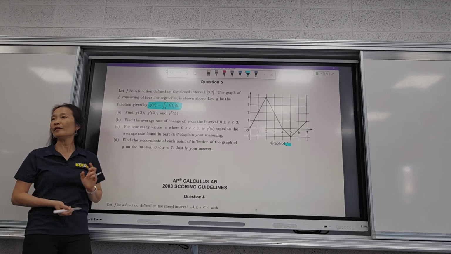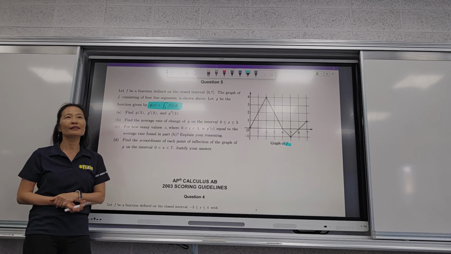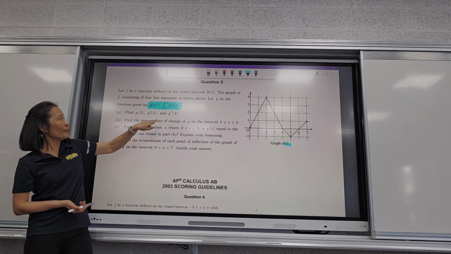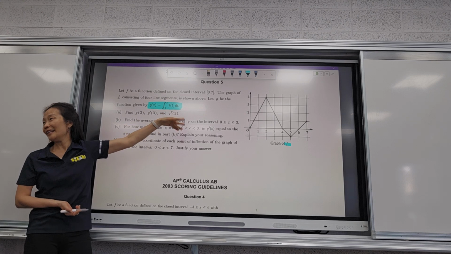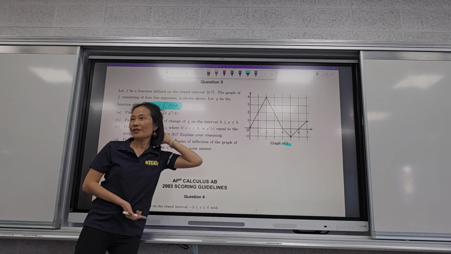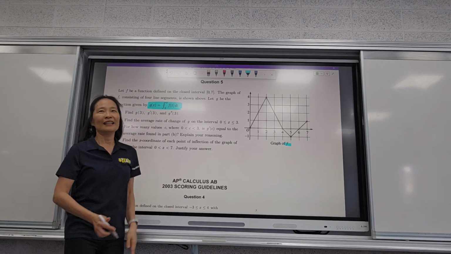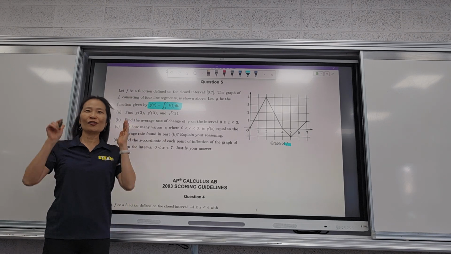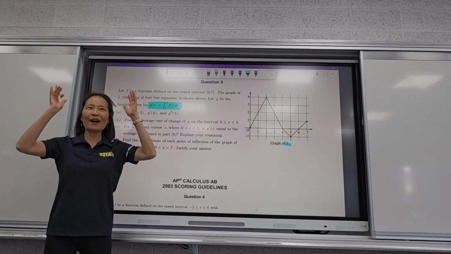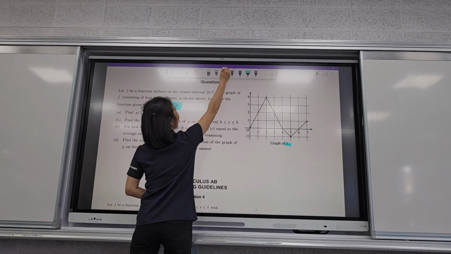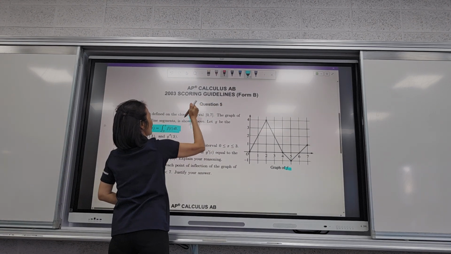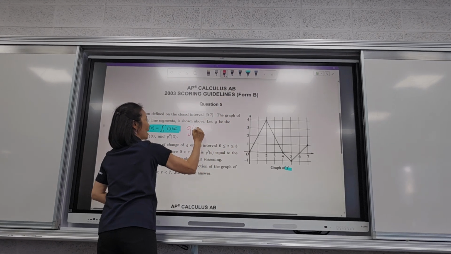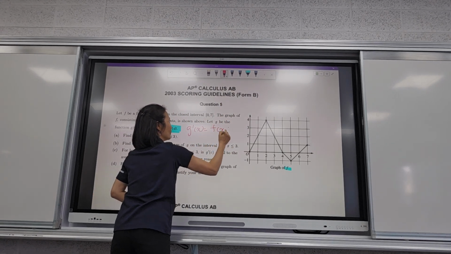Remember the fundamental theorem of calculus part 1? If you do g prime, isn't it d/dx of the integral from 3 to x of f of t dt? Isn't that just f of x? So this is just another way of circling around, but they are trying to tell you with a loud voice that g prime of x is f of x.